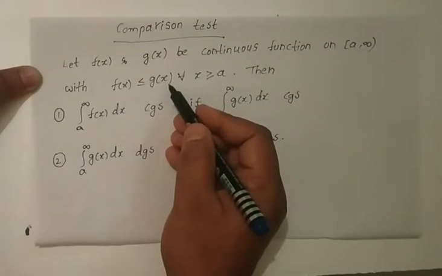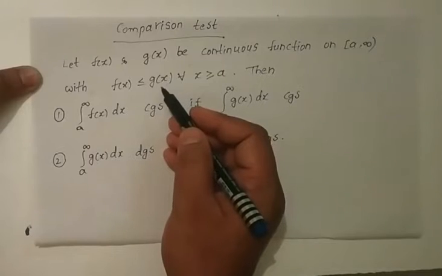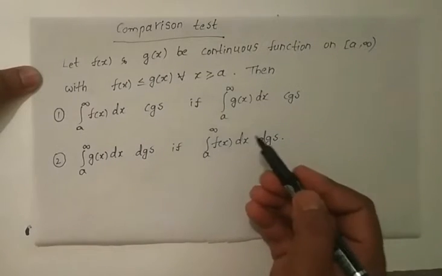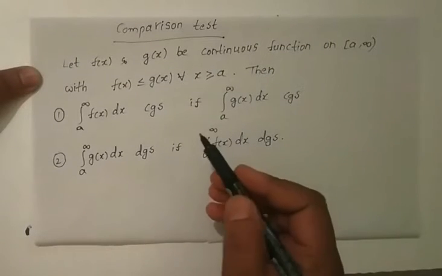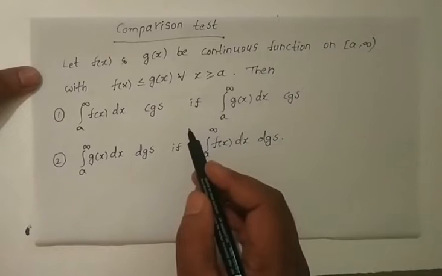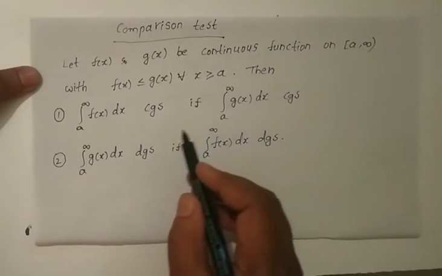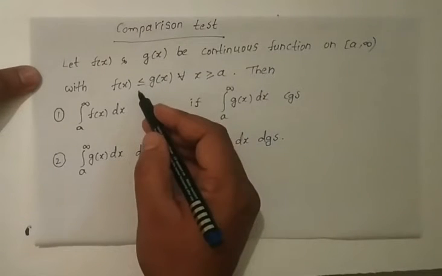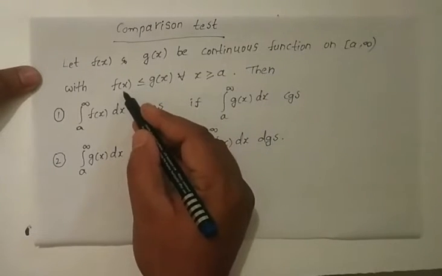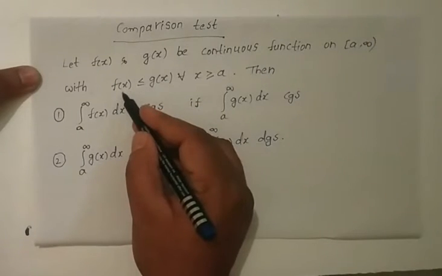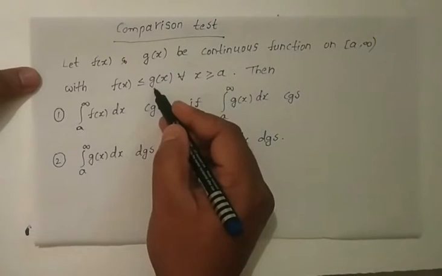Okay students, we already know the comparison test for series. Here also we have to follow the same procedure. Don't confuse. Here, what is the bigger function and what is the smaller function? f of x is the smaller function, g of x is the bigger function.